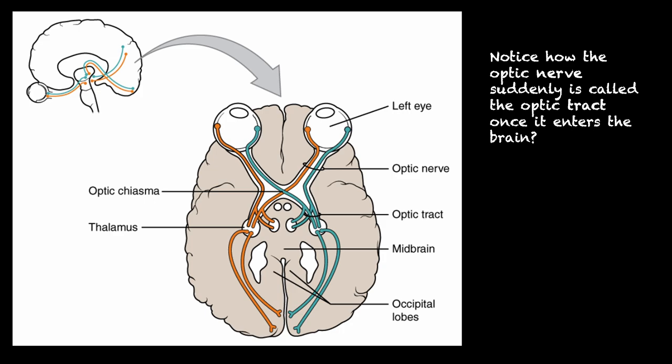So what this tells us is that these big bundles of axons were not actually a part of the brain just yet at this point, which is why we called it the optic nerve. But once it penetrates into the brain tissue and starts getting deeper in, then we start calling it the optic tract.